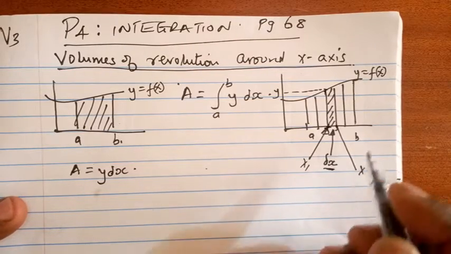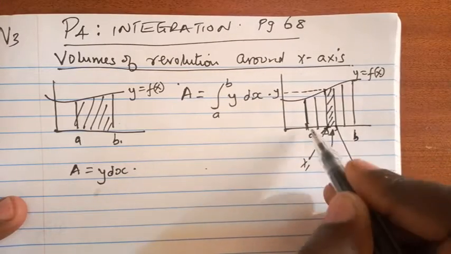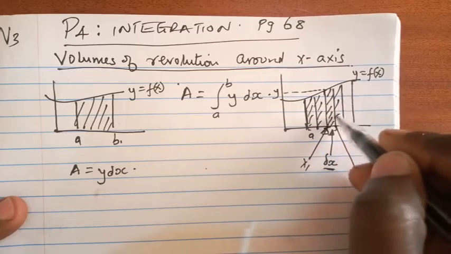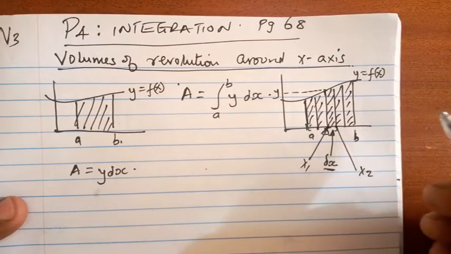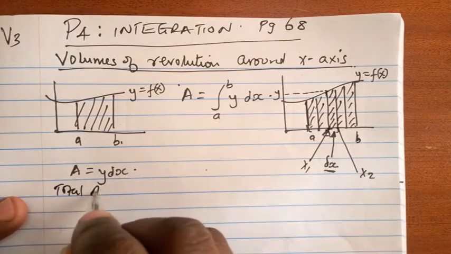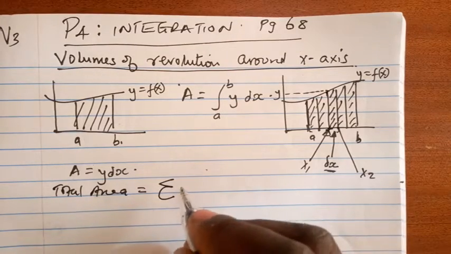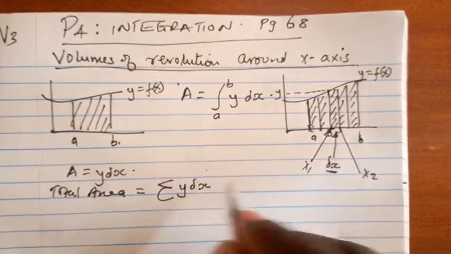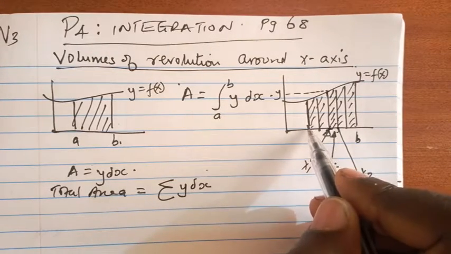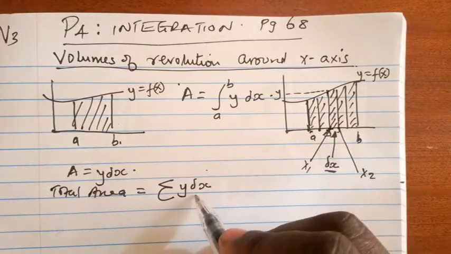So if we want to get the area of the whole region from A to B, that stripe, that stripe, that stripe, and also that stripe added together, you will get the total area equal to sigma of the area of each one of them added together. This stripe has the height y, and the width is a small change in x.